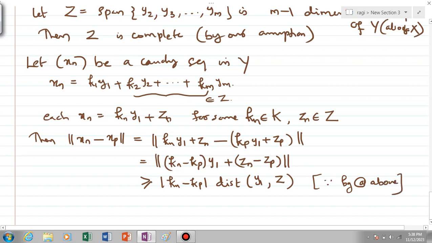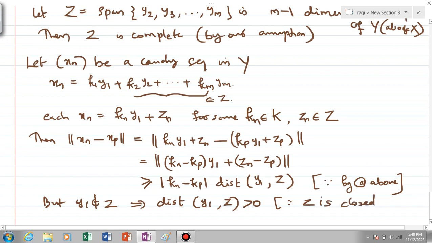And as we know, y1 is not an element of Z, and so the distance of y1 from Z is clearly greater than 0, since Z is closed by our assumption, that is, every m-1 dimensional subspace is complete and in particular it is closed.